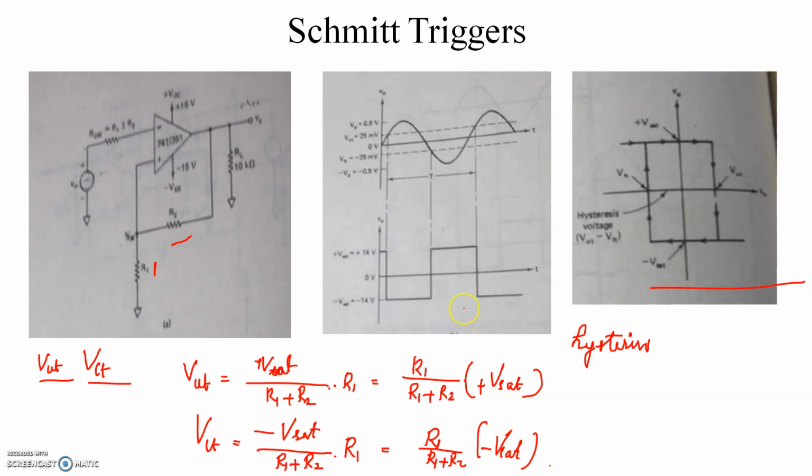The hysteresis voltage is equal to the difference between VUT and VLT. So V hysteresis equals VUT minus VLT, which is R1 divided by R1 plus R2 into plus Vsat minus minus Vsat.